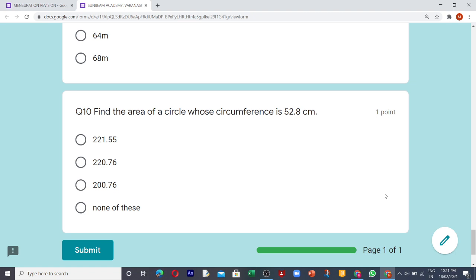It's easy, I know. Do it fast. 10th question is easy. And now just do it, children, and I will post the link right now in the chat box. I am going to post the link in the chat box.